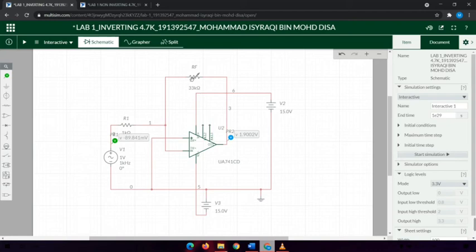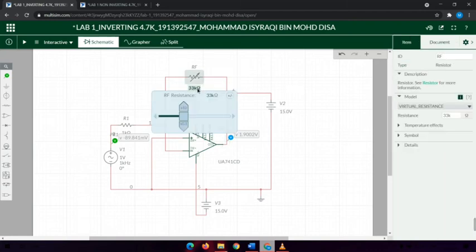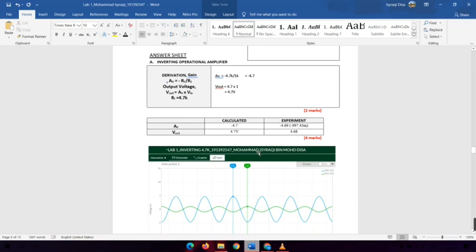We change the RF value with 3 types of value: first 4.7 kilo ohm, second 10 kilo ohm, and last 33 kilo ohm. After that we calculate the gain and Vout value, and then we compare the theoretical value with the experimental value.